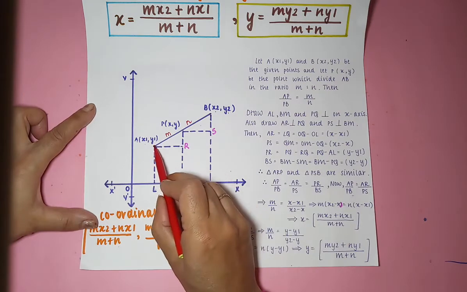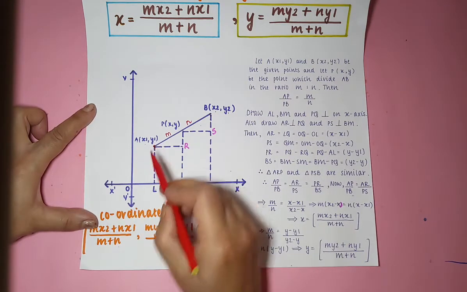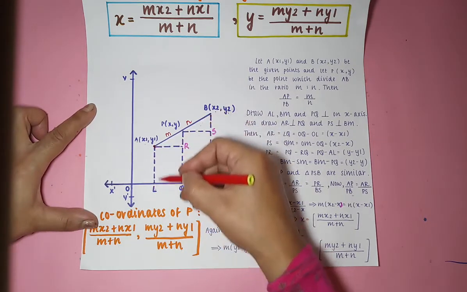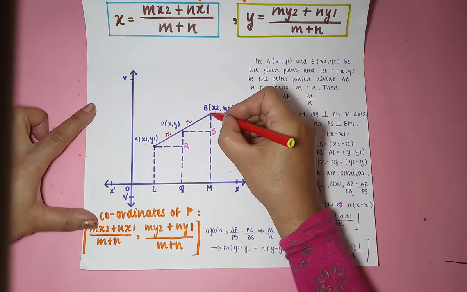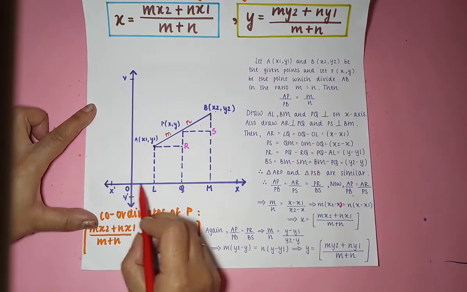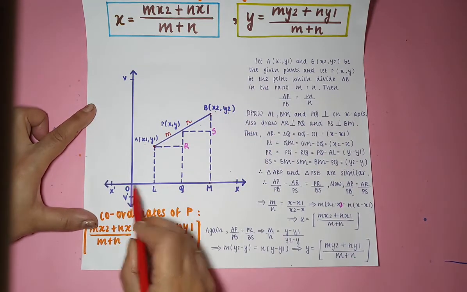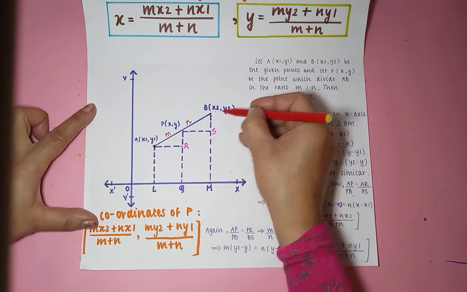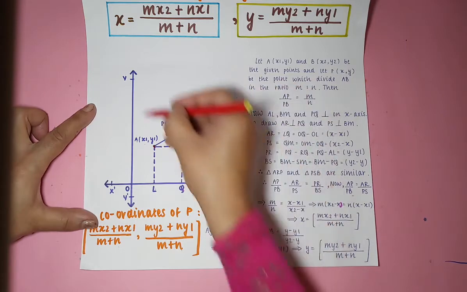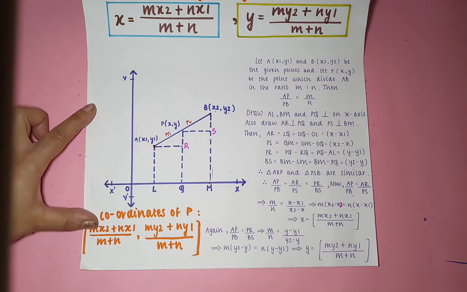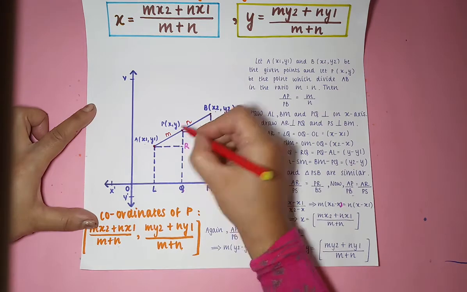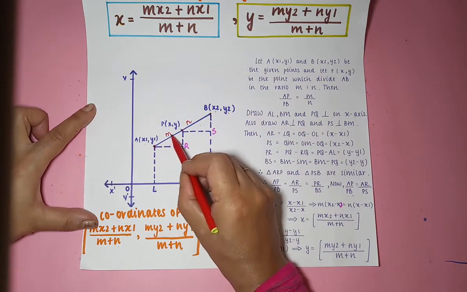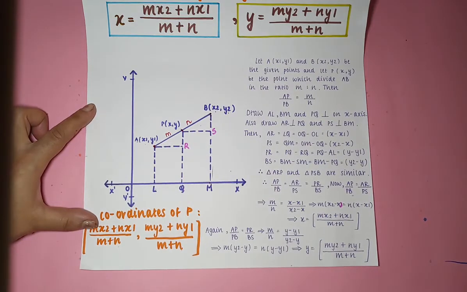So we are assuming that point A is covering x1 distance along the x-axis and y1 distance along the y-axis. Same here, point B is covering x2 distance, that means OM, this much distance along the x-axis, and y2 distance along the y-axis. And there is a point P which divides this line in some ratio, say m:n.